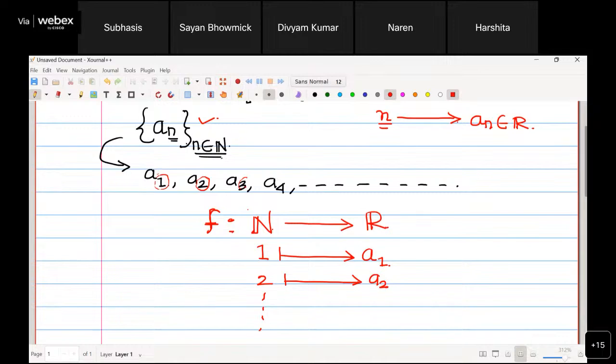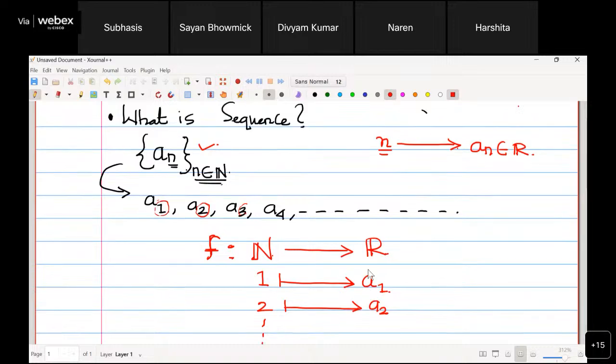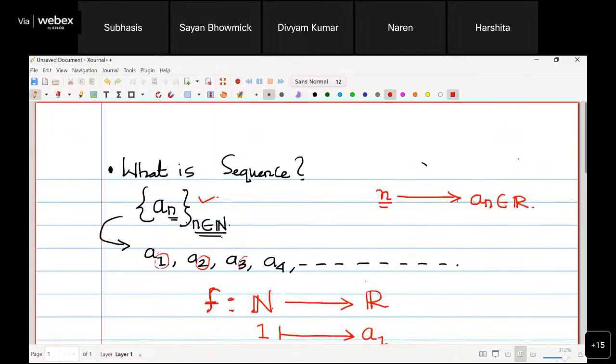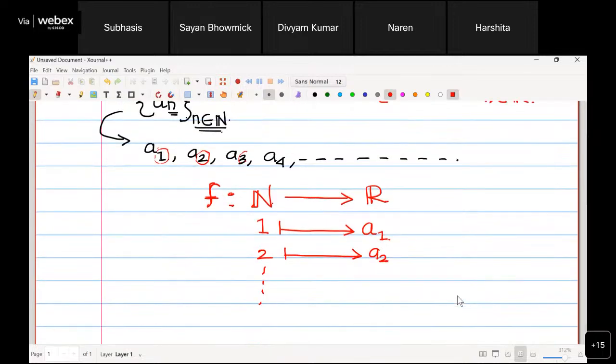So what I have done here is start with a sequence, and I have constructed a function from the set of all natural numbers to the set of all real numbers. And I can do the complete opposite thing.